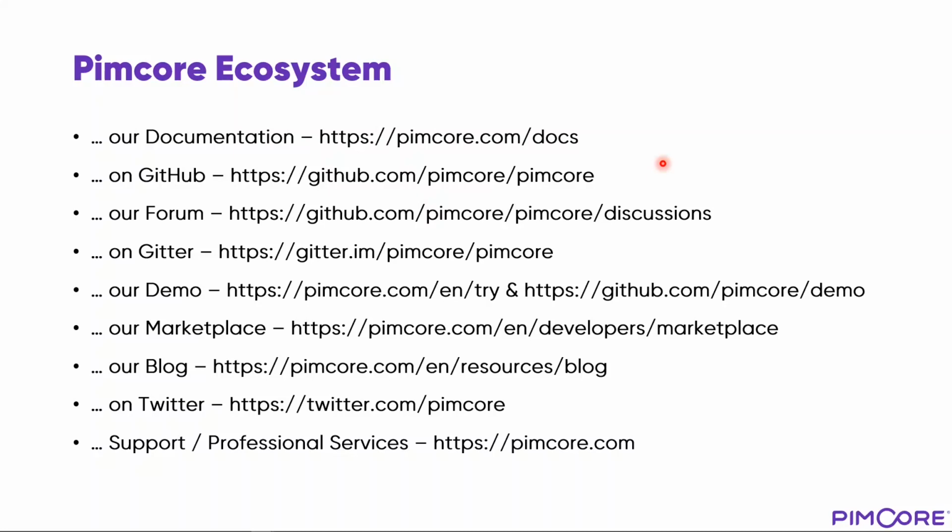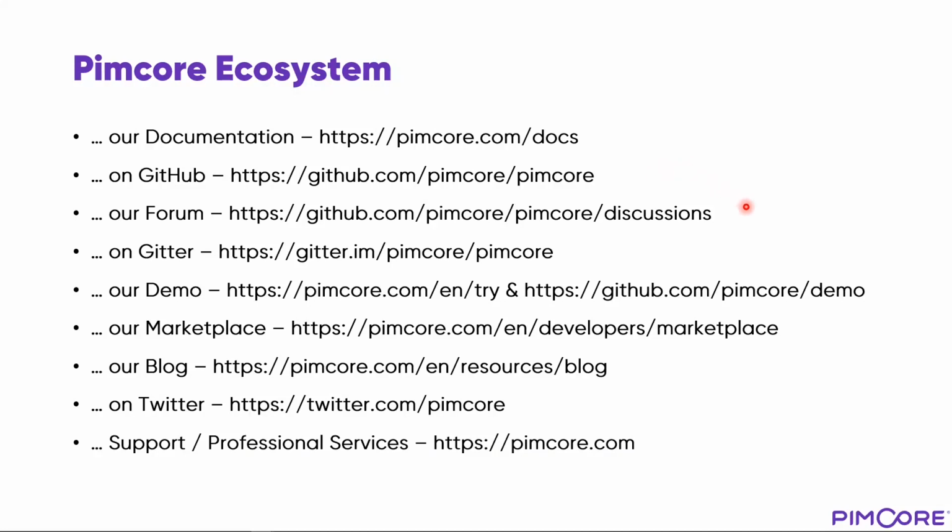Pimcore is an open source project, so therefore it lives from its contributions, and we are really grateful for all the contributions that we can get, that are not only contributions in terms of source code via pull requests, but also in terms of issues, in terms of documentation improvements, which by the way can also be contributed directly at GitHub.